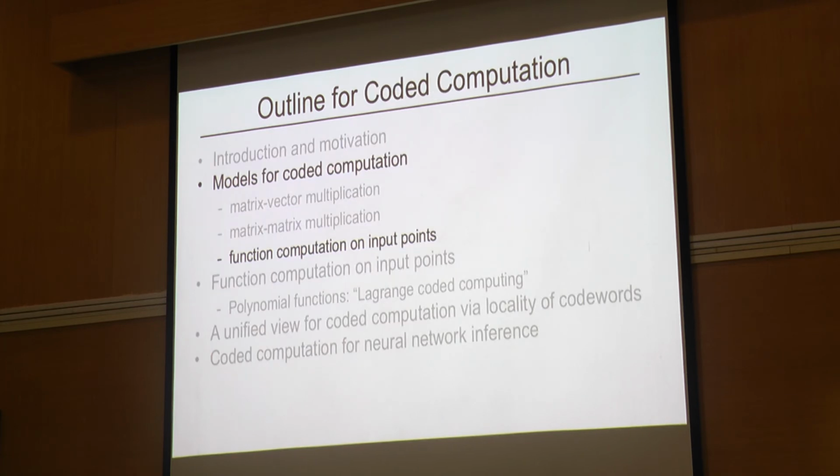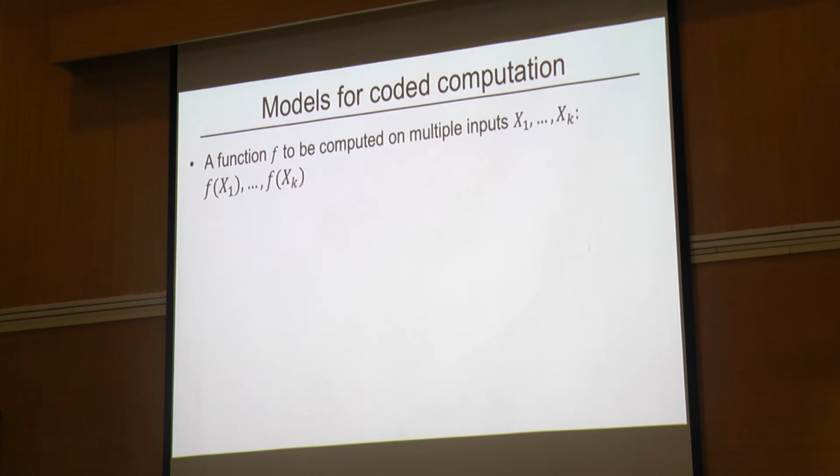Okay, so the last model that we'll talk about is computing a function f for different inputs. So we'll have K inputs X_1 to X_K, and we want to compute f of X_1 to f of X_K. Okay? And let's say we have W workers. So worker i can evaluate f at some evaluation point X_i tilde. Right?